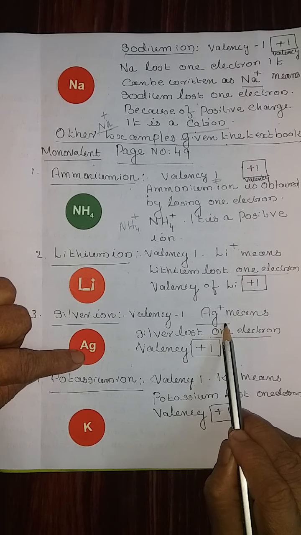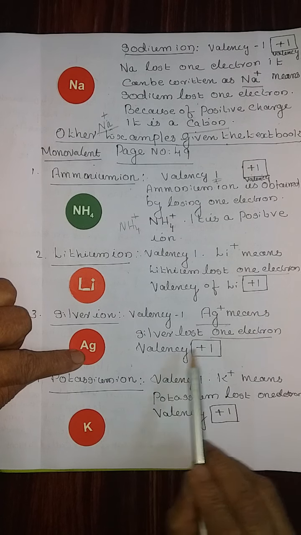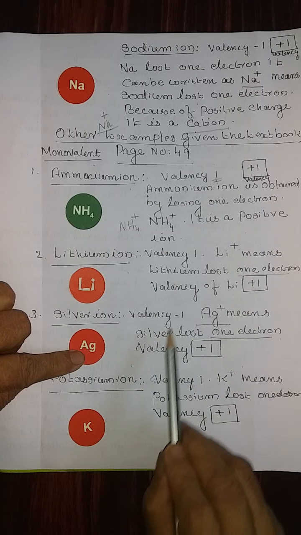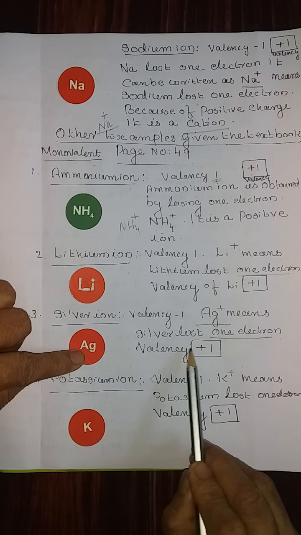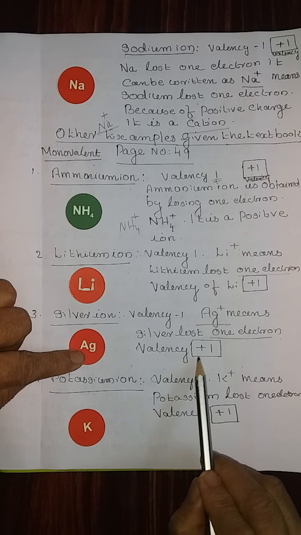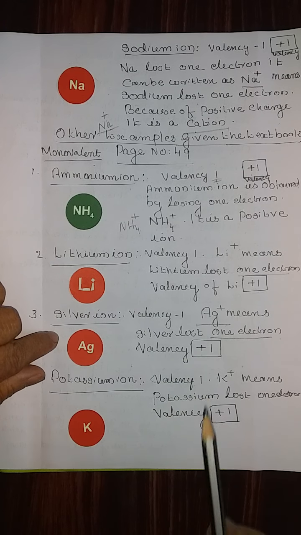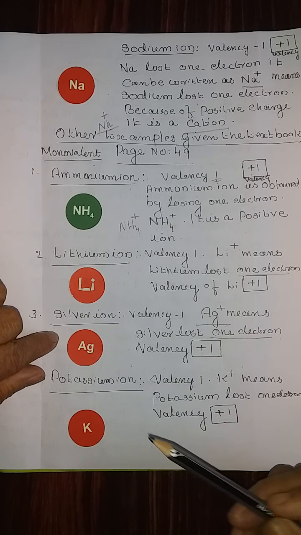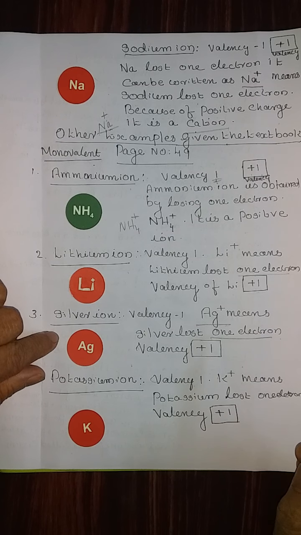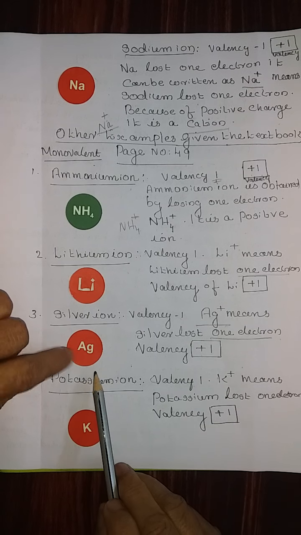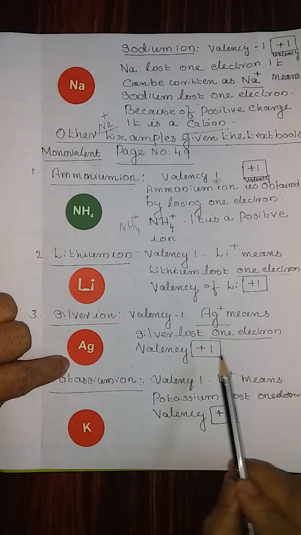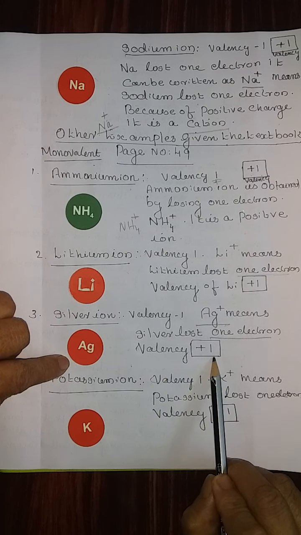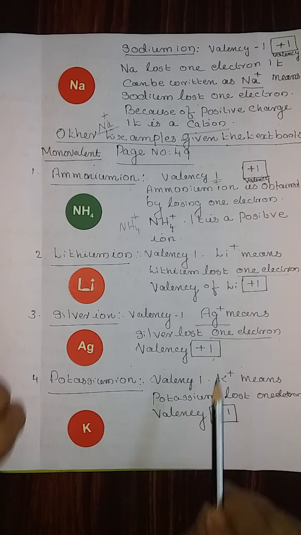Therefore, it is a cation. And since it loses 1 electron, the valency 1 can be written with a positive sign. Always remember, when the electron is lost, it is a positive sign. When the electron is gained, a negative sign. Here, silver lost 1 electron, therefore the valency is plus 1.